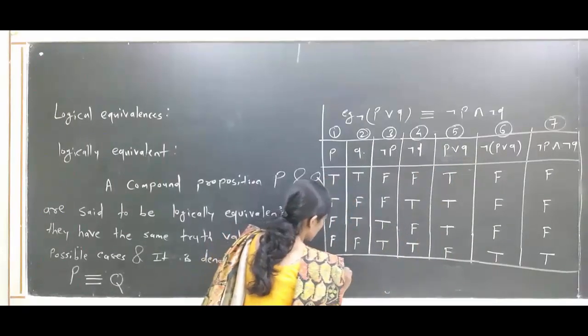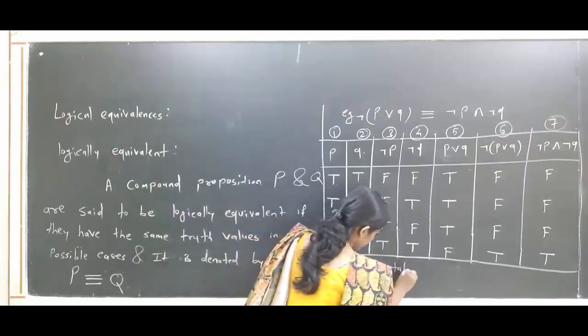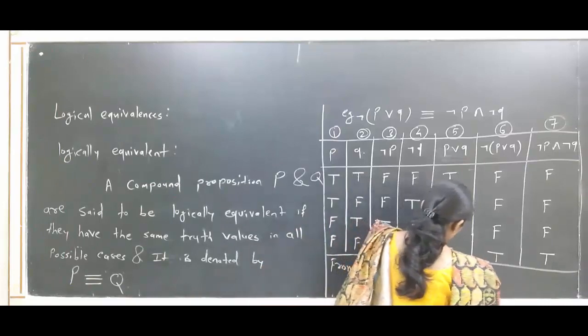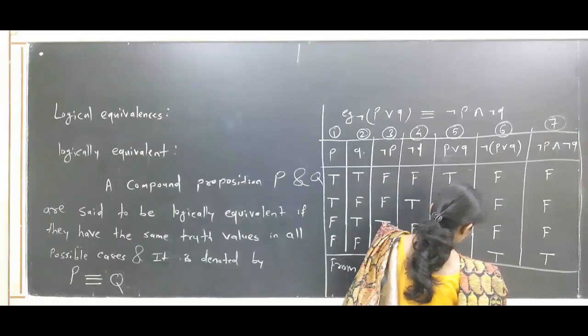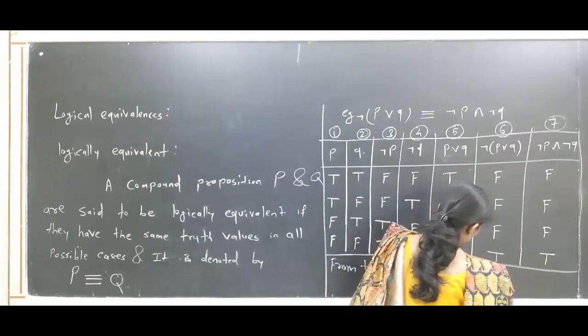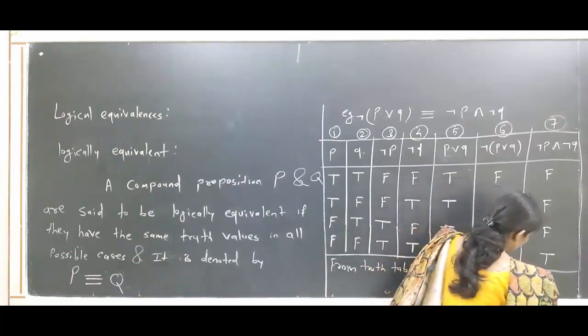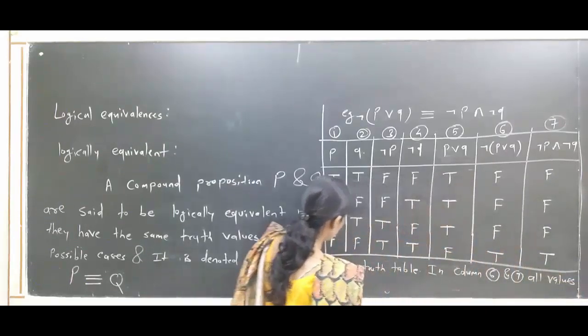So from the truth table, in columns 6 and 7 all values are identical.